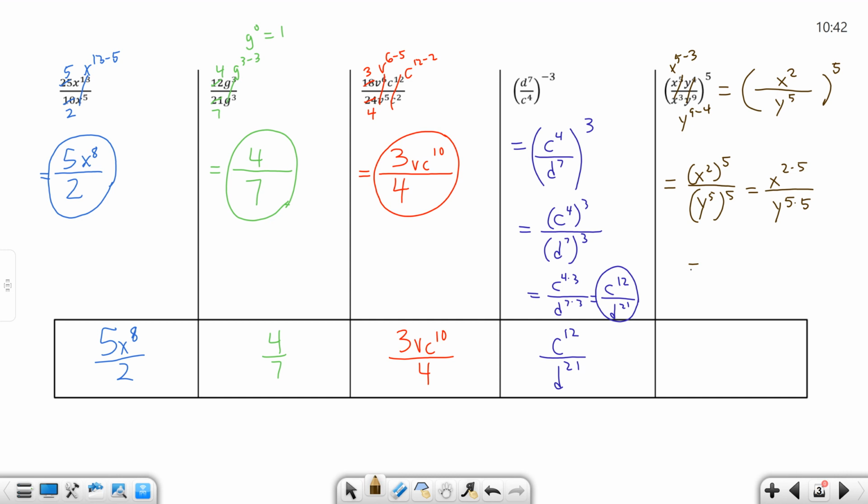And I could use parentheses instead of dots there. That's going to be what? X to the 10 over y to the 25. X to the 10th over y to the 25th.